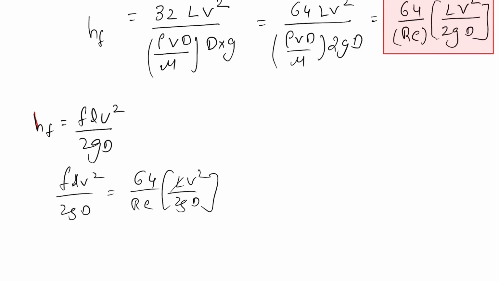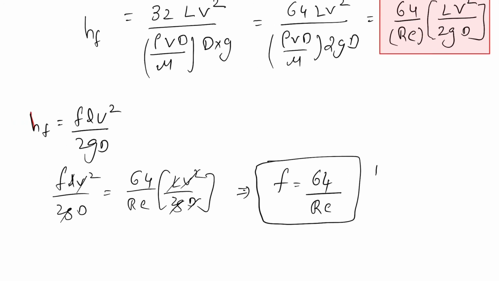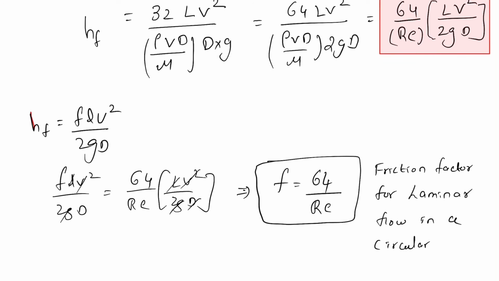See, all this L is same, V square gets cancelled, 2 g d, everything, which means finally we get friction factor f is equal to 64 by Re. This is the friction factor for laminar flow in a circular pipe.